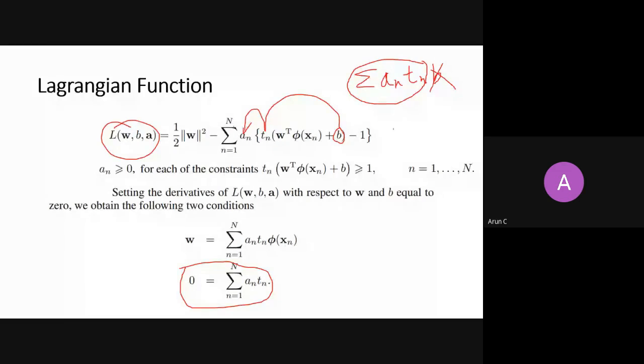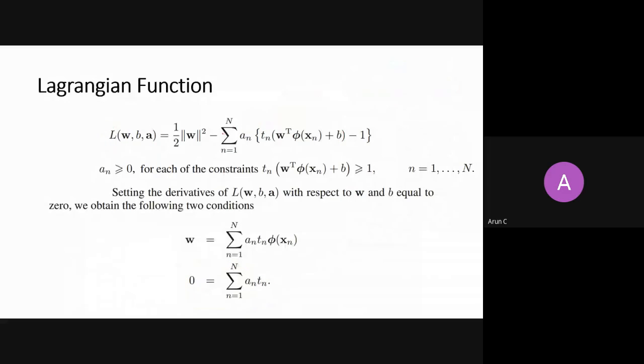Okay, let's do it for w also so that you will not feel scared. When you take a derivative with respect to w, this 2 will get cancelled with this 2, right? And you will get w from here. So only the w term will come out of here.